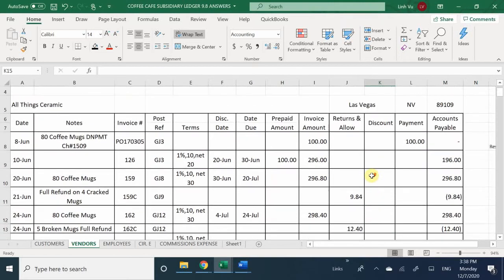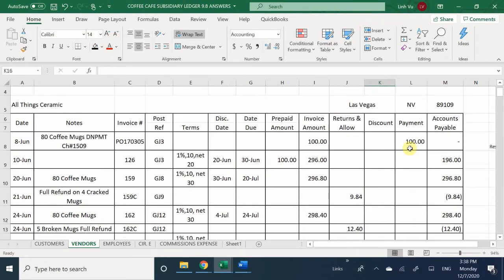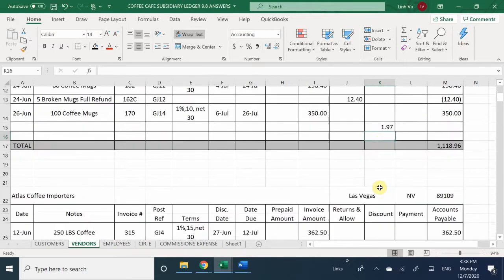Times 1%, that is $1.97. Okay, so let me follow with you because you are putting that in the column down below under discounts. Let's say 197.